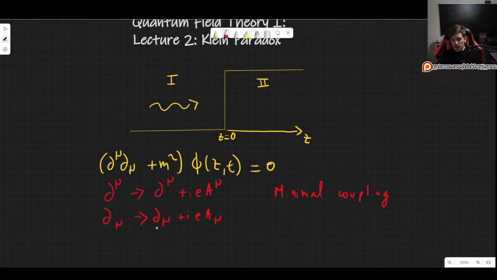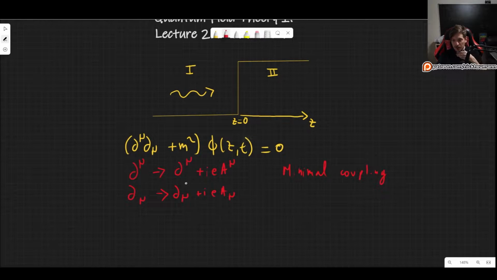Now we want to plug this in, considering what A mu is. In case you don't know, A mu is a 4-vector that we define in terms of the potentials from electromagnetic theory.